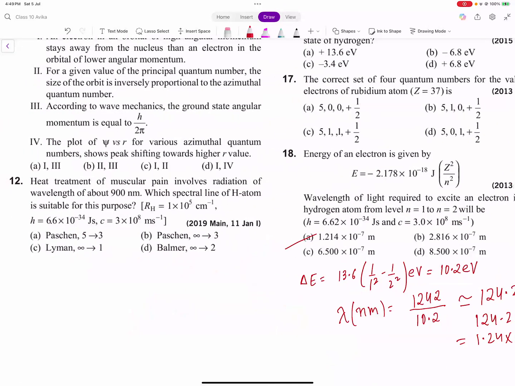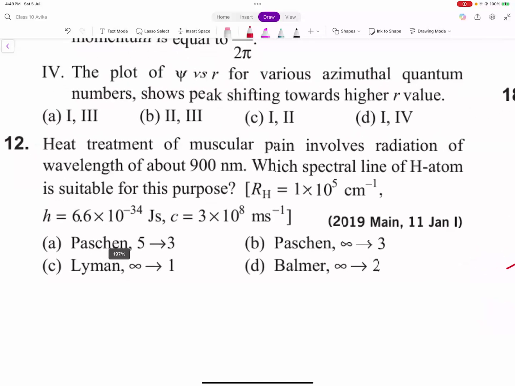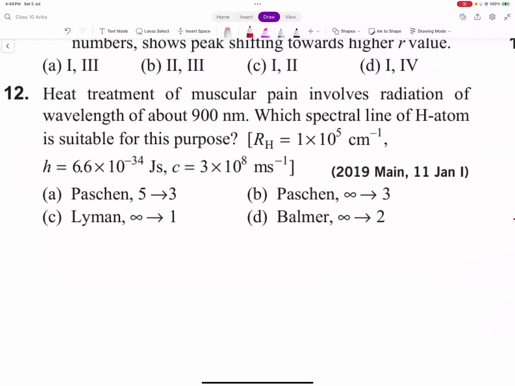Try this one. Here we know that the wavelength is about 900 nanometers, so we can calculate the delta E. Then we can see which of the options A, B, C, D corresponds to that energy level in eV.